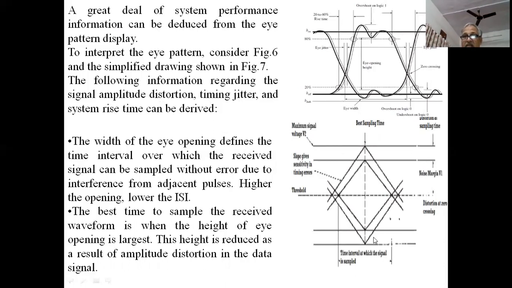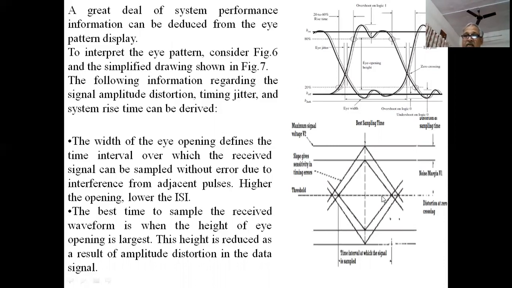The width of eye opening defines the time interval over which the received signal can be sampled. So we can choose any time between this region for sampling without error due to interference from adjacent pulses.